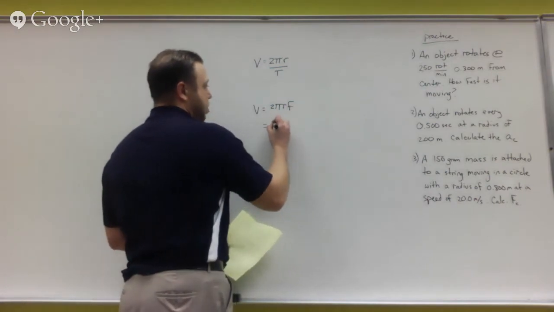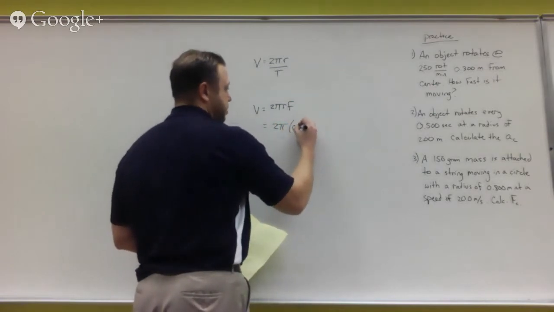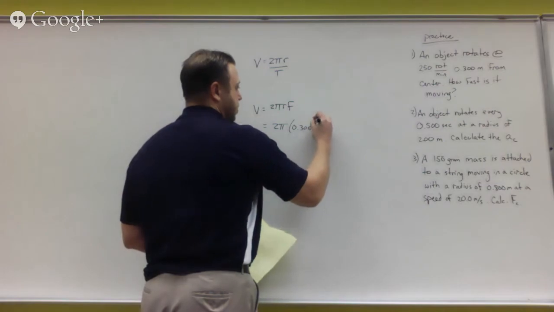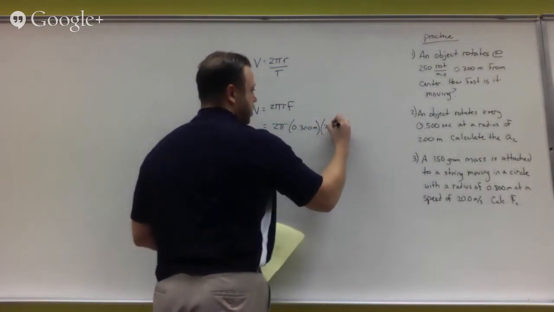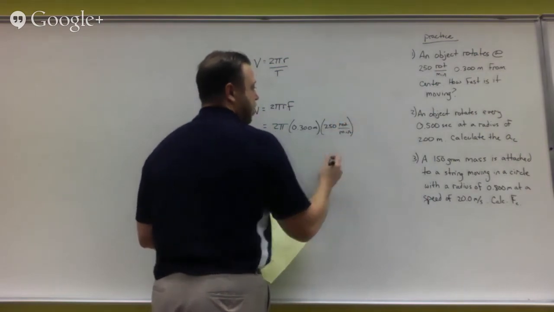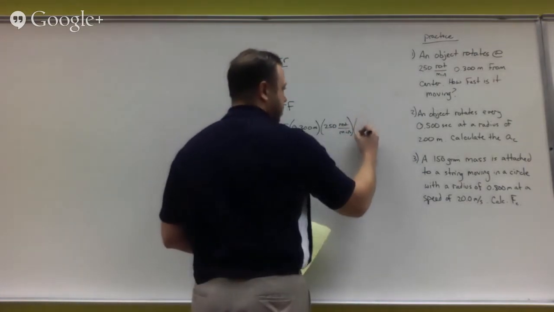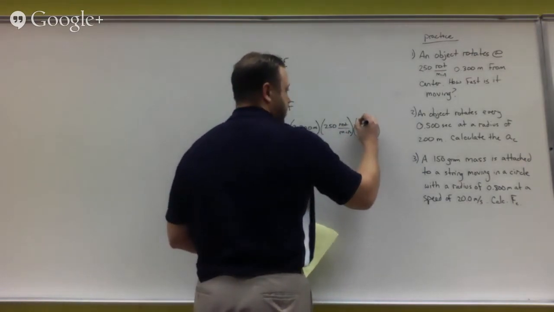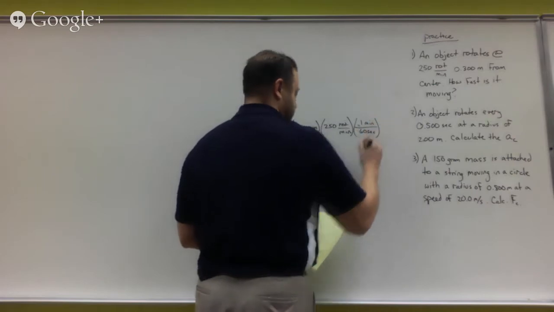All right, so 2 pi times our radius, which is 0.3 meters, times my frequency, which is 250 rotations per minute. Now, we need this to be in rotations per second, so I'm going to convert and say that there's 1 minute in 60 seconds.